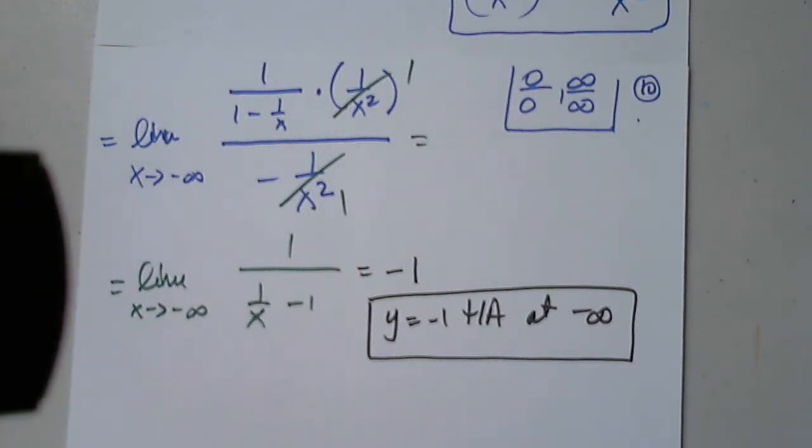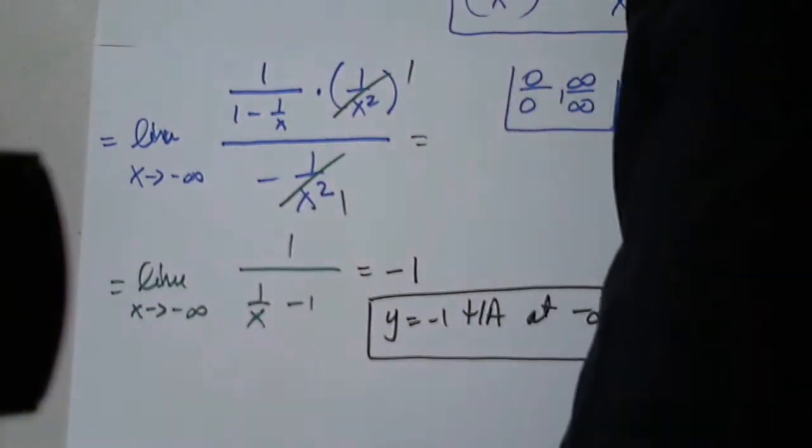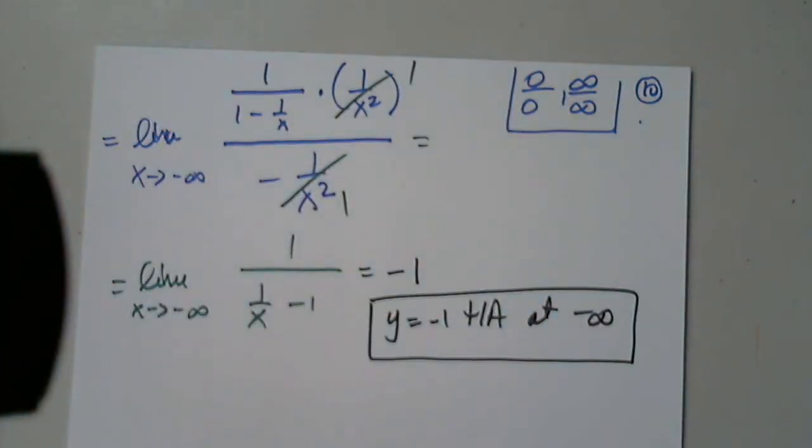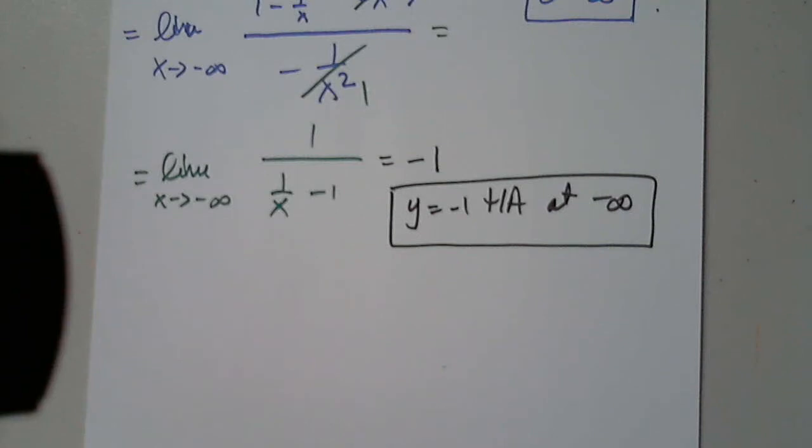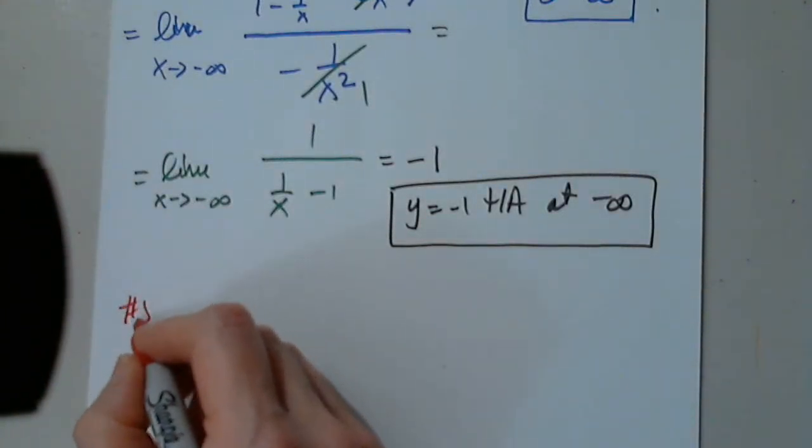So let's look at one more, at least one more for the power rule, please. Not the power rule, I mean the indeterminate forms that are powers. Okay, I will choose 58.